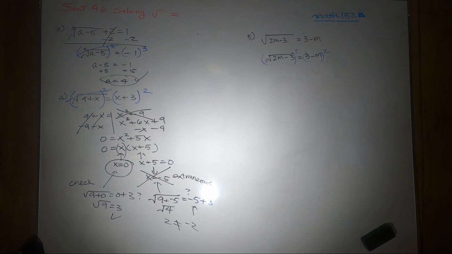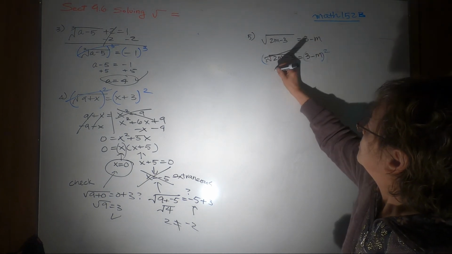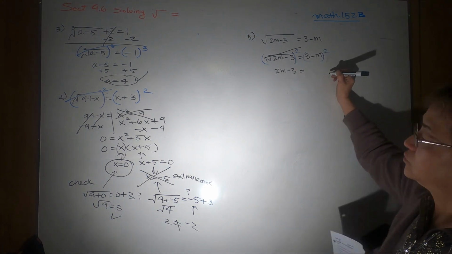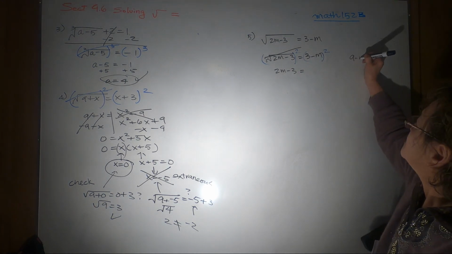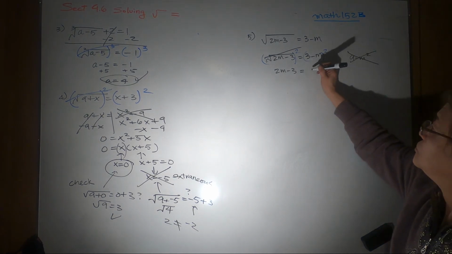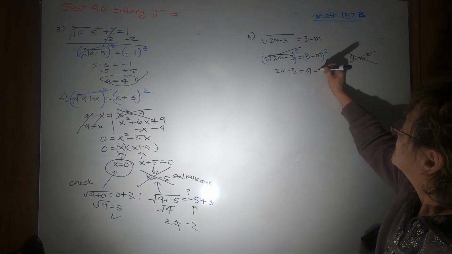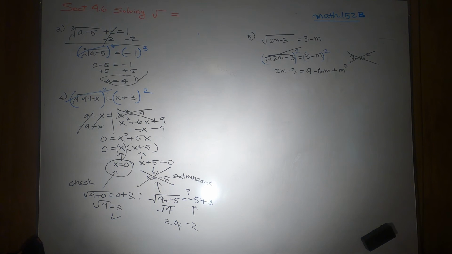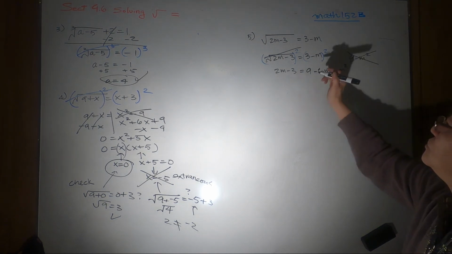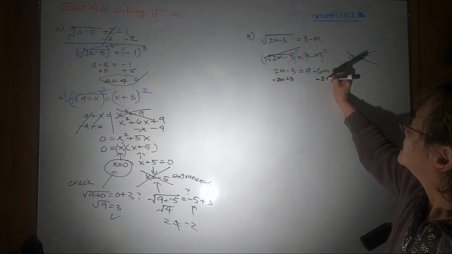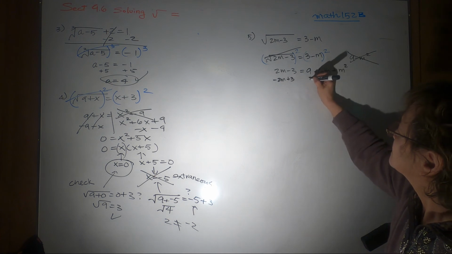So let's see. Let's take a square. That will be 2m minus 3. This one, take a square, do FOIL. Okay, don't give me this. Don't do that. Right? So you will have minus 6m. You do your FOIL. Should be this one. Then m squared is this side. I'm going to move everything to this side. It's a quadratic equation, right?